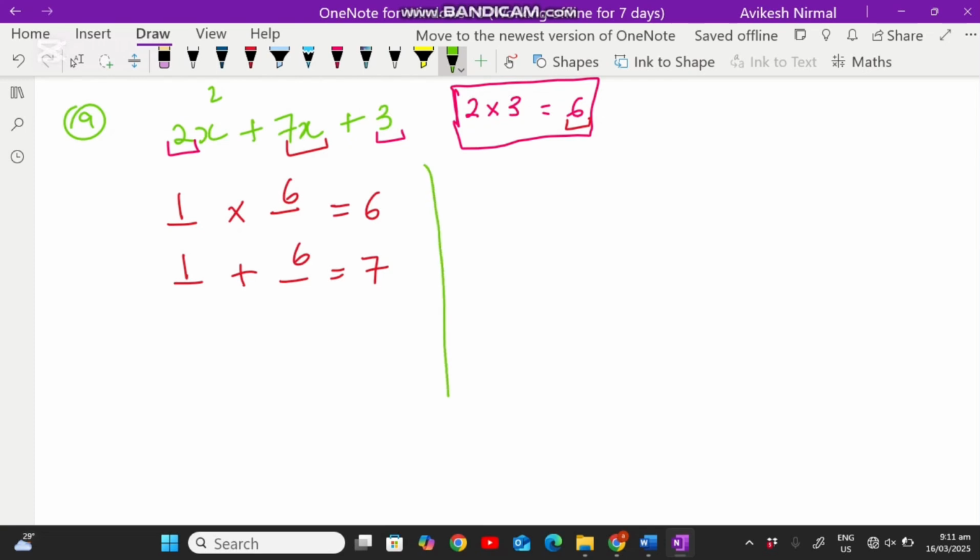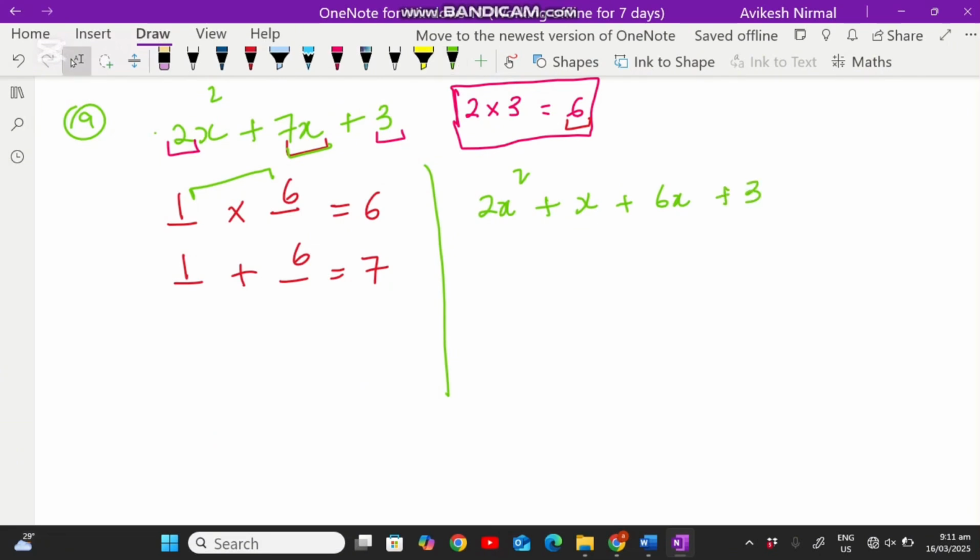So after that, you'll write this expression once again, so that's 2x squared plus, now you're gonna break this 7x term into these two factors. So instead of writing 7x, you'll write x plus 6x and then plus 3.